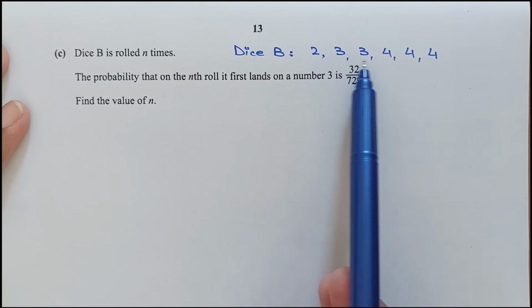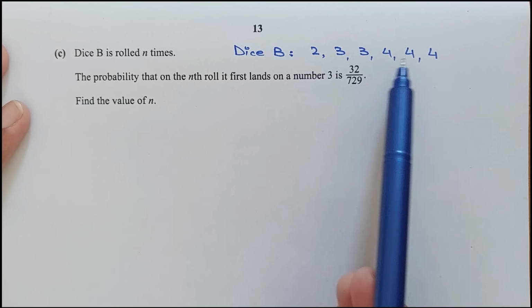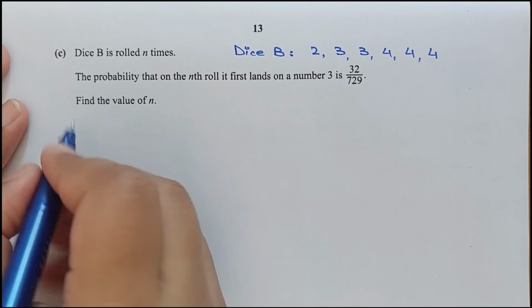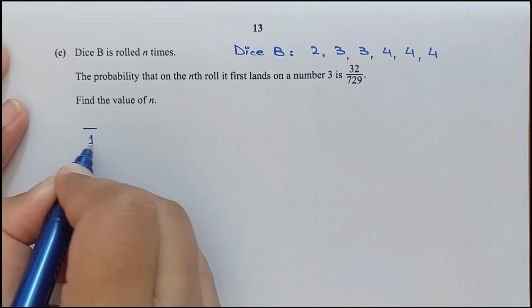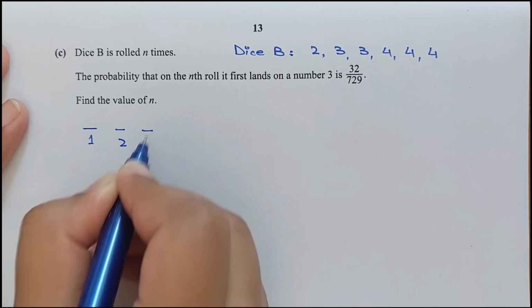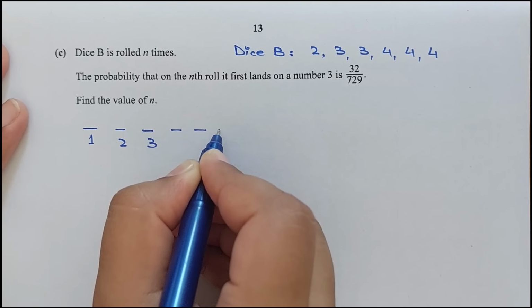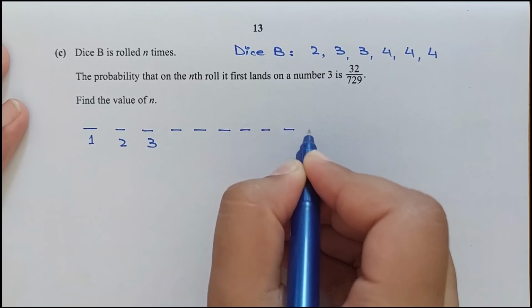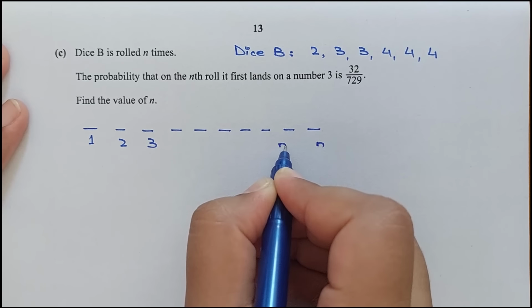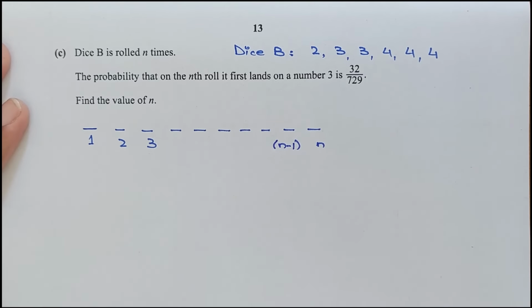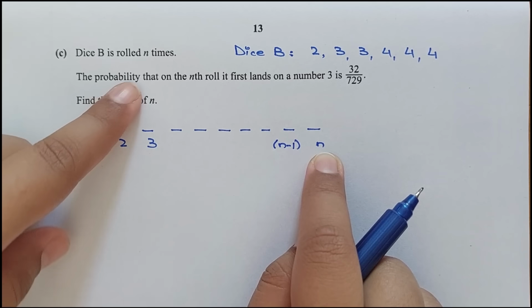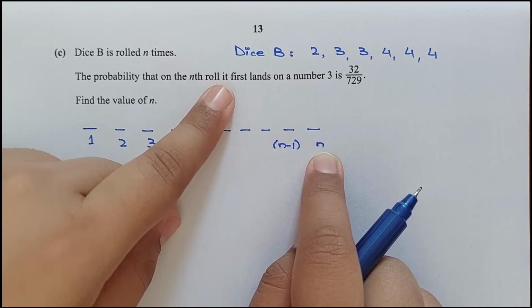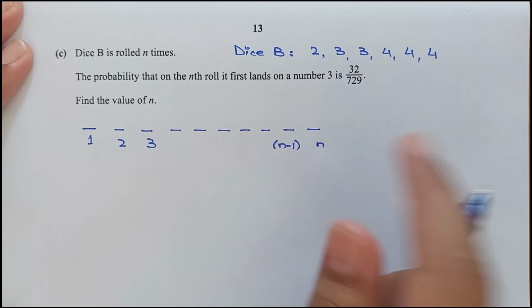So these are the outcomes for dice B: 2, 3, 3, 4, 4, 4. Let's say dice B is rolled n times. This is 1 time, this is 2 time, this is 3 time, 4, 5, 6, 7 and so on till n times. This is n minus 1 time. On the nth roll, it first lands on number 3.